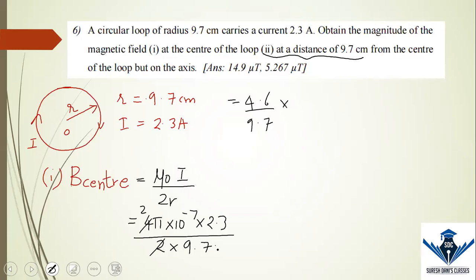This is centimeters, so it is 10 to the power minus 2 here. Minus 2 goes up and this becomes 10 to the power minus 5 here. So this 4.6 upon 9.7, I want you to calculate and see. The answer comes to something, I will tell you.